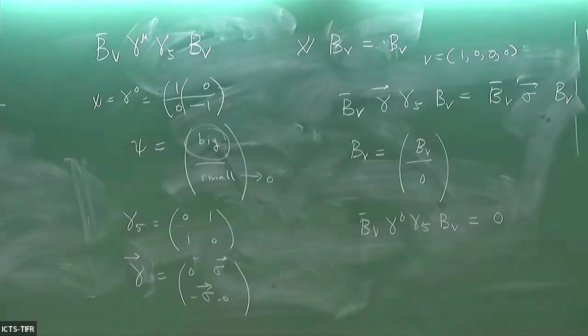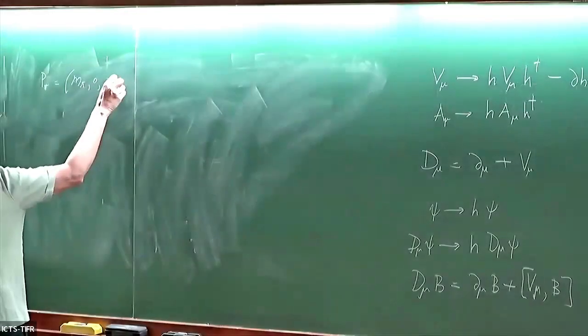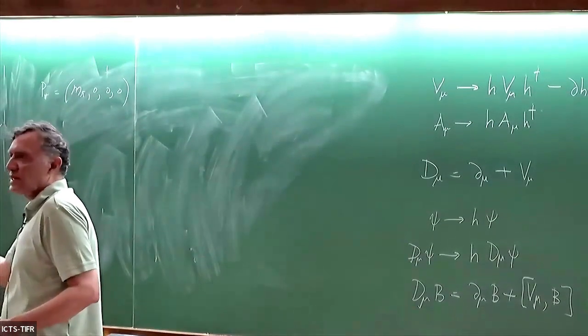Okay, so when I now look at the pion coupling, if I take a massive pion exactly at threshold, that's what makes it easier to do this calculation. You can also do it away from threshold, there's a little bit more work. But the energy of the incoming pion is m pi, 0, 0, 0, so it's at rest, basically.